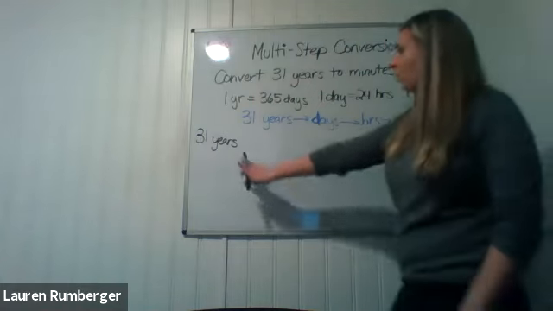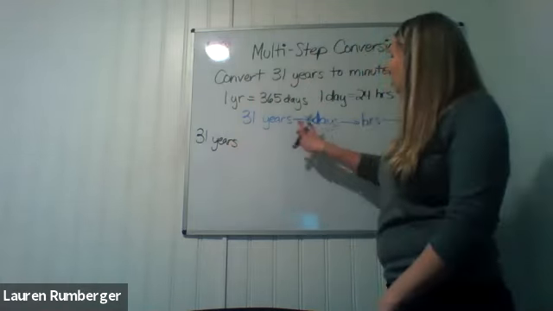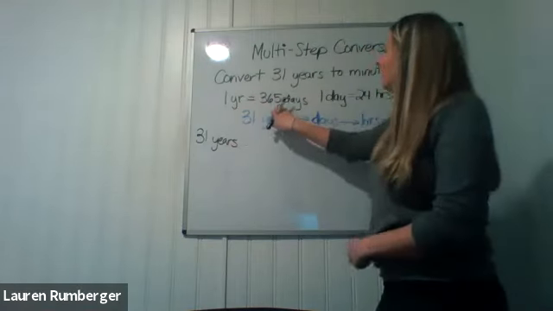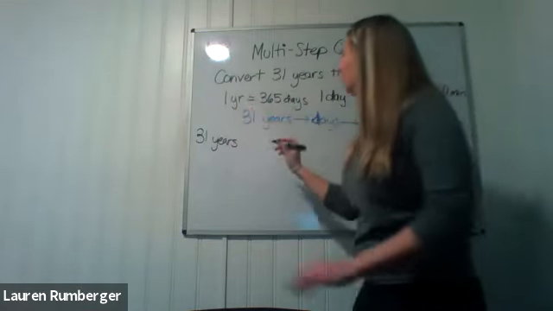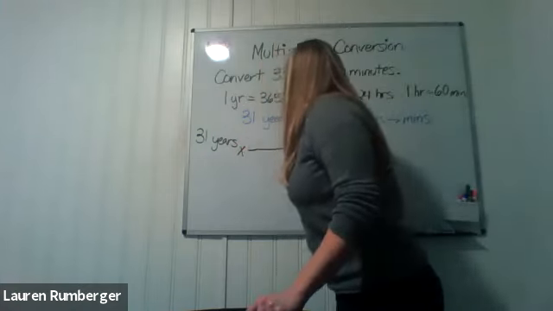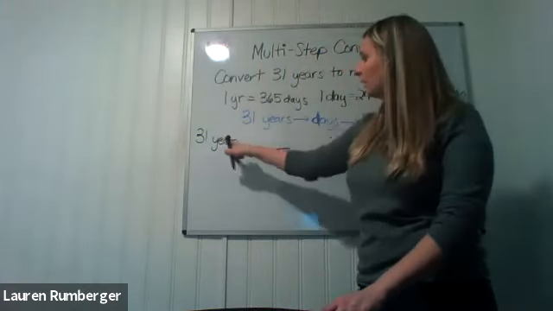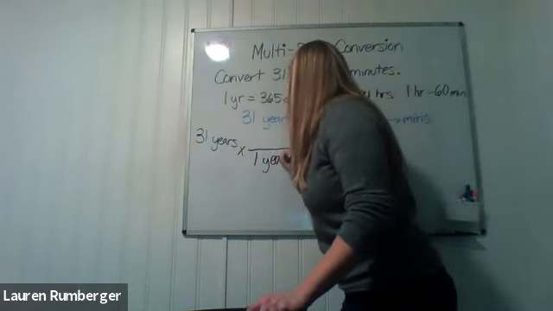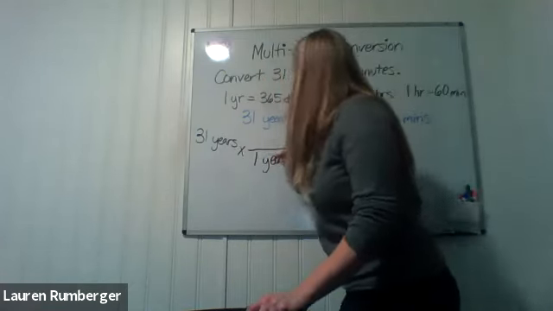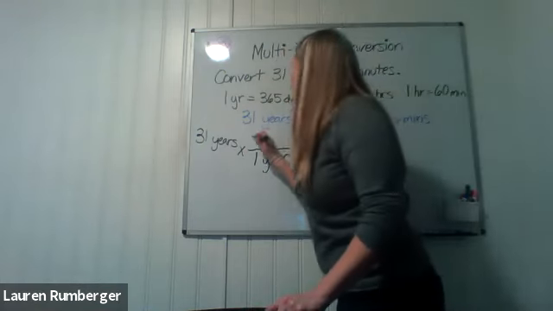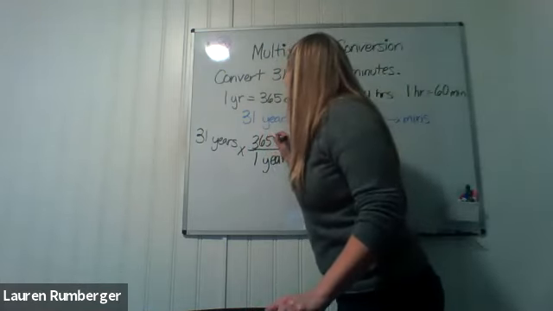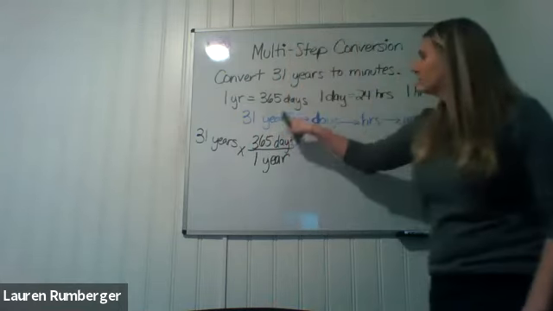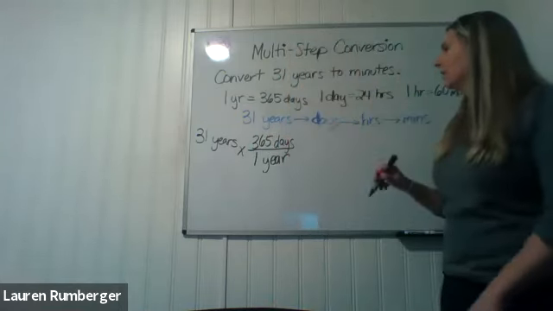If you have 31 years and you want to change the years to days, we're going to look at the equivalence and we're going to put the year on the bottom of the fraction, because we want to cancel diagonally. So we're going to put 1 year on the bottom. And then we're going to put 365 days on top. So that's our first step, years to days.